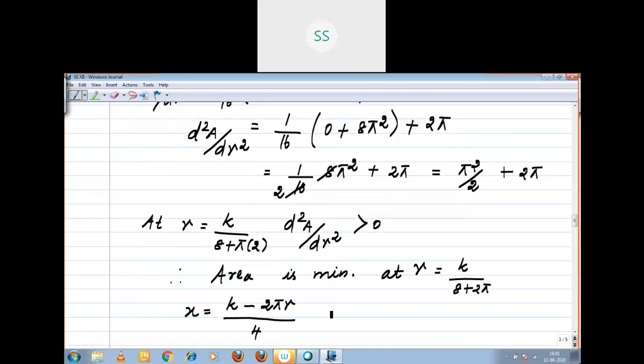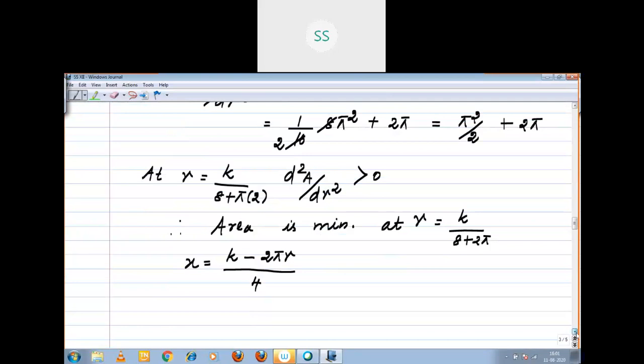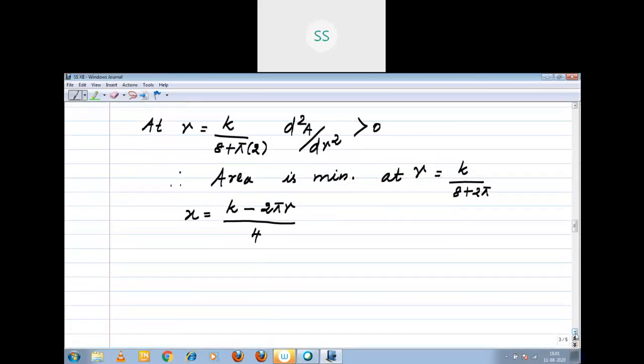Next line, x is equal to k minus 2 pi into k by 8 plus 2 pi divided by 4. Now you are going to take LCM first.